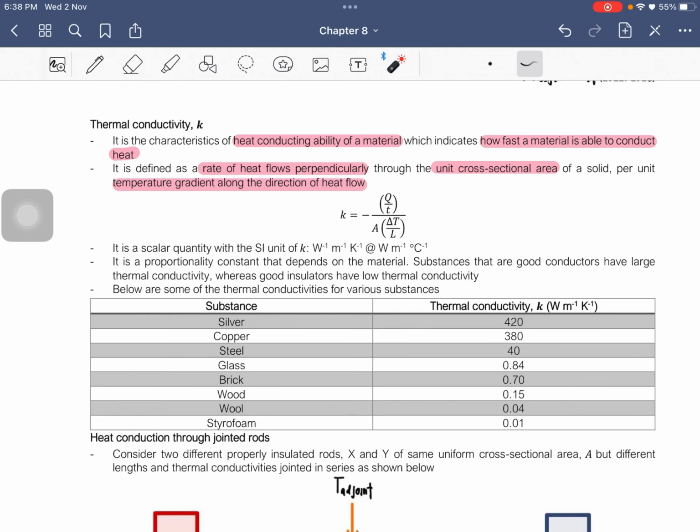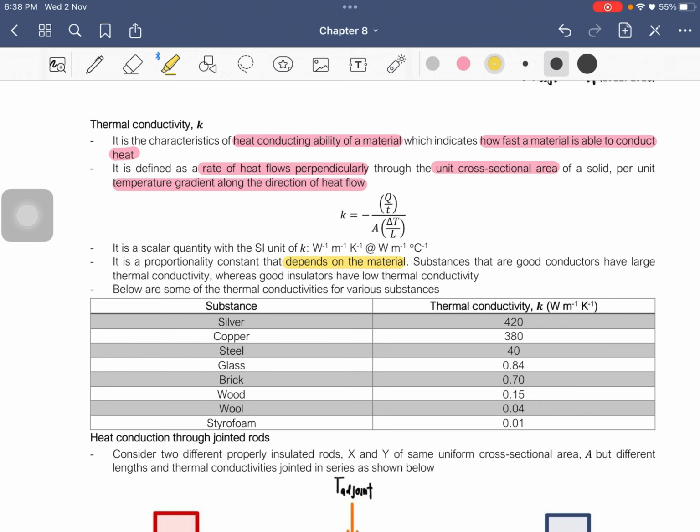It has the SI unit of watt per meter per Kelvin. Okay, macam tu lah. Yang kalau degree Celsius, watt per meter per degree Celsius. So it is a proportionality constant that depends on the material. So it fully depends on the material.